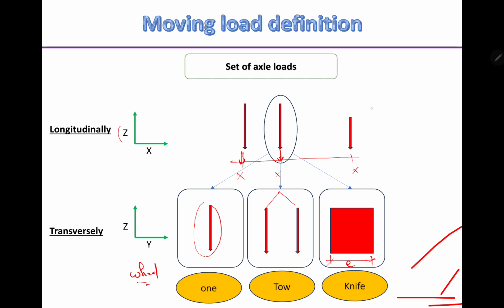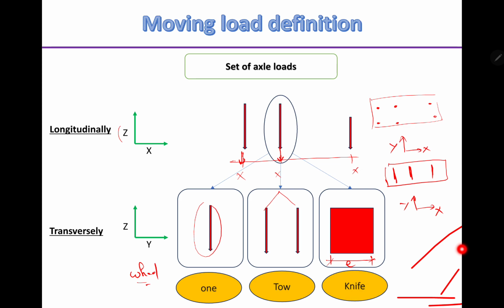For example, if you see this in the xy plane, for this case we will have 2 points here, and in this case we will see something like this. This is the x-axis and this is the y-axis. So those are three types of transverse distribution of concentrated loads.